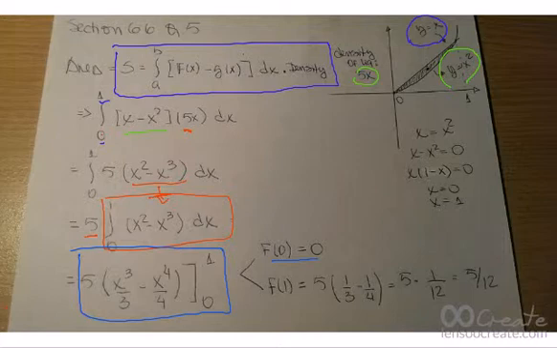And then on the top, I was going to have 4 minus 3, and that is 1. So that's got this. And then I found out that the area was going to be 5 divided by 12. So this is what I'm going to use to find the center of mass.